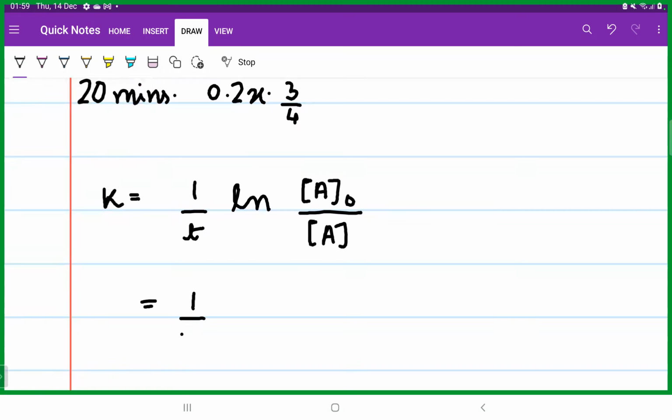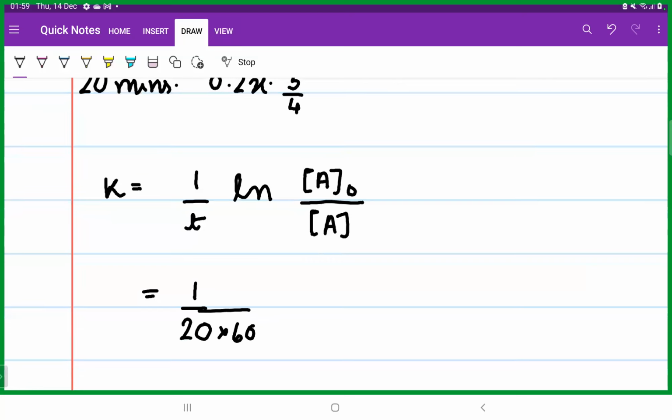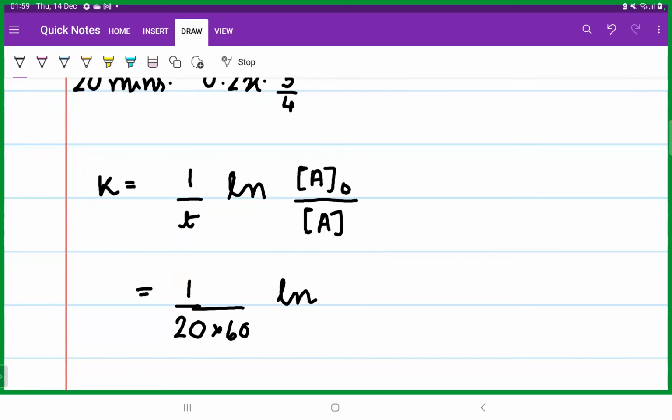It will be, the reaction has been going on for 20 minutes, and into 60 seconds, we will try to do all the questions in SI unit only, and this one will be 0.2x divided by 0.2x into 75 by 100, right?